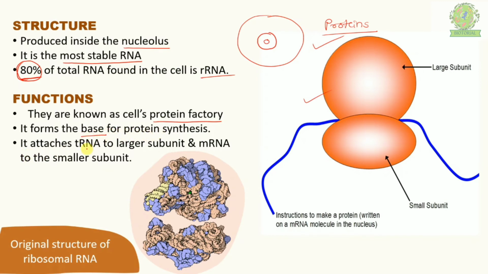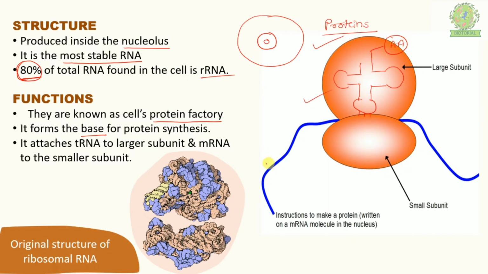It attaches the tRNA to the larger subunit. This is the larger subunit, so here the tRNA will come and here it will have the anticodon loop, and these are the other loops, 5' and 3'. So this is how the tRNA will come along with its anticodons, and here it is going to have the appropriate amino acid attached.